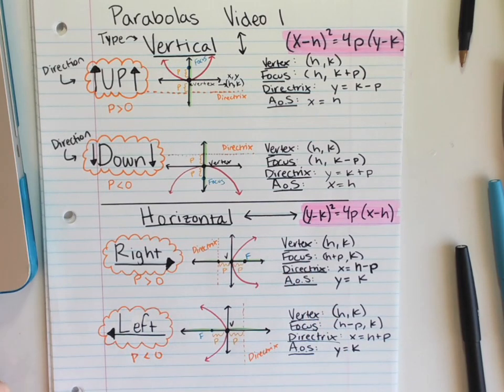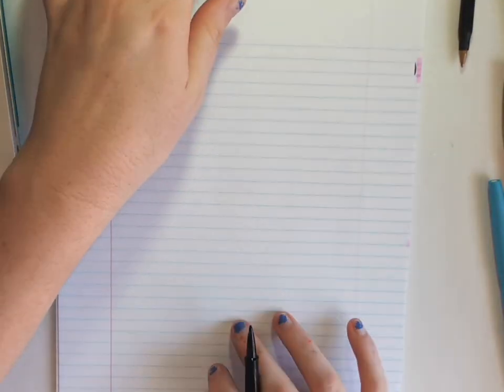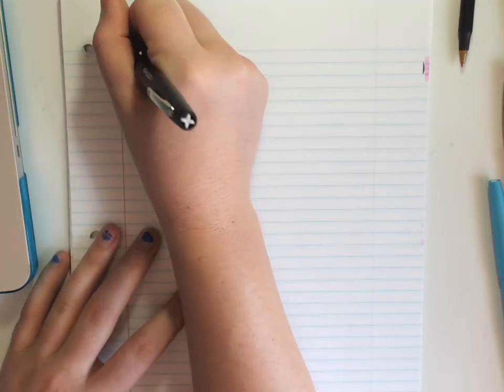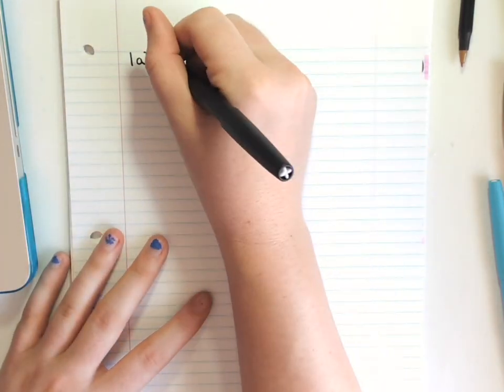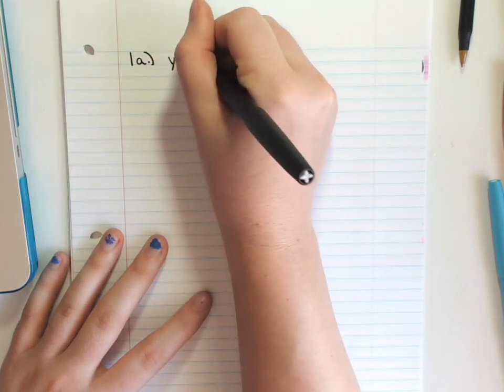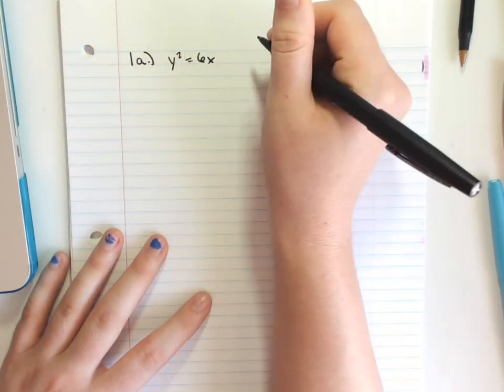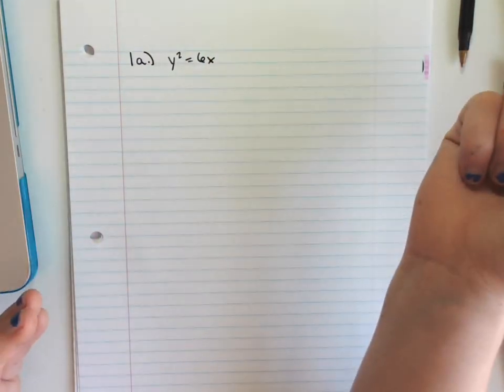Okay, with that, let's practice some. I've got 4 problems to practice with you. So let's do it. This is video 1, so we'll do 1A. Let's say we have y squared equals 6x, and that's it.